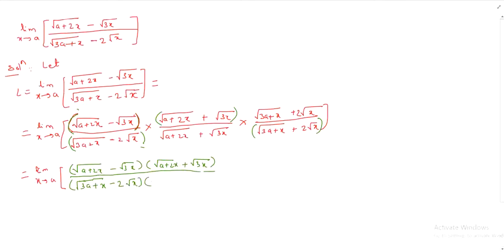And its conjugate is what? Root 3a plus x plus 2 root x, okay. And now collect those terms which are left there, and these terms are what? Here the terms are under root 3a plus x plus 2 root x, okay, and in the denominator here this one, what is that?